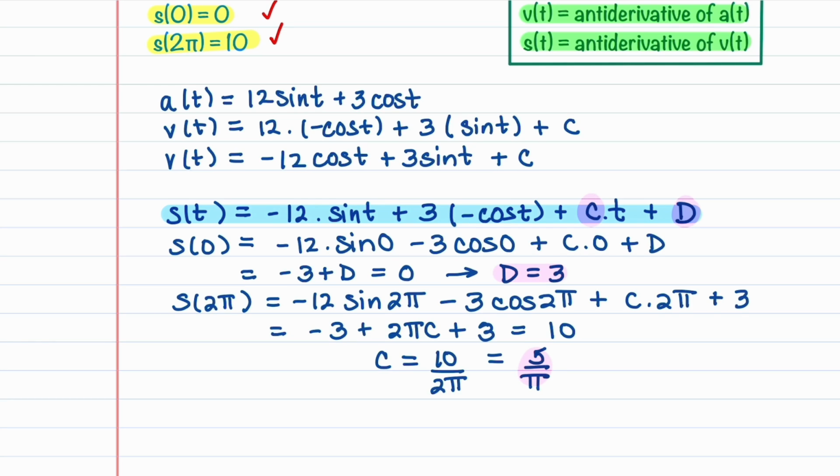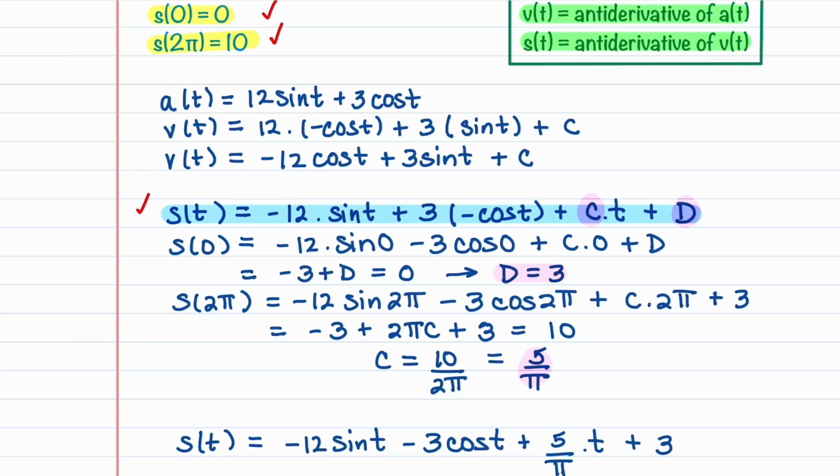And we'll highlight that. Now, all we have to do is just substitute in c and d into this equation right here. This gives us s at t, that's our position function, is minus 12 sine t minus 3 cosine t plus 5 over pi times t plus d, which is 3.